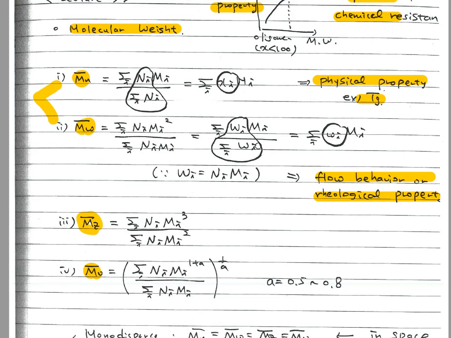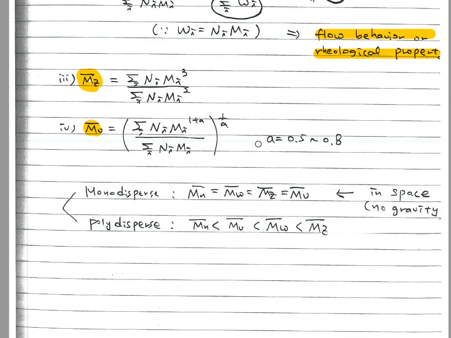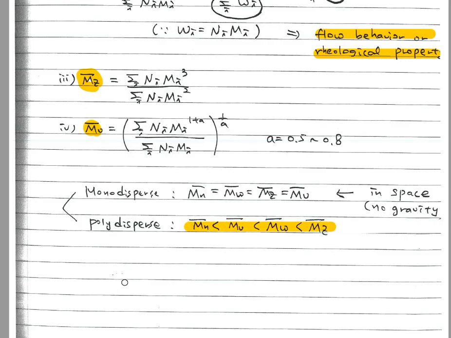average polymer molecular weight, and in general, they have this trend. The number average is smallest, followed by viscosity average, weight average, and Z average. And as I mentioned, since there is a distribution of polymer chains, the length of polymer chains is not uniform. It is almost impossible to make monodisperse polymers, which means that all the average molecular weights are the same.